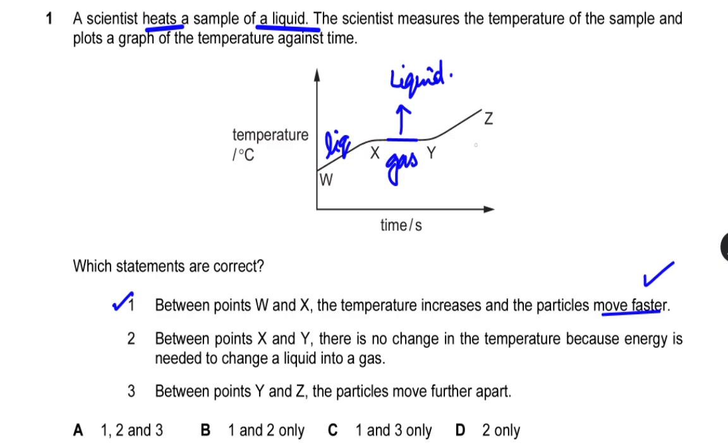Definitely, when they are in gaseous form, the particles move further apart and move randomly. So this statement is also correct. All of these statements are correct. The correct answer is A.